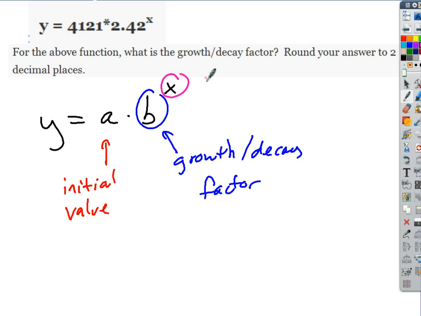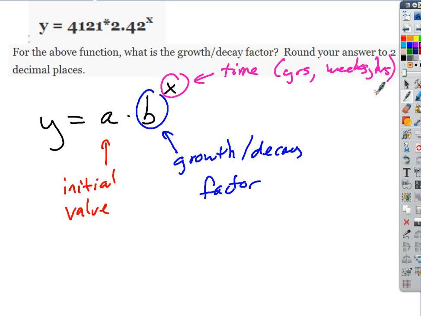It's a time measured in years or weeks, or hours or minutes, depending on the situation. It could be anything. If you're talking about bacteria growing, maybe you're talking about minutes or hours. If you're talking about radioactive decay, maybe you're talking about thousands of years.